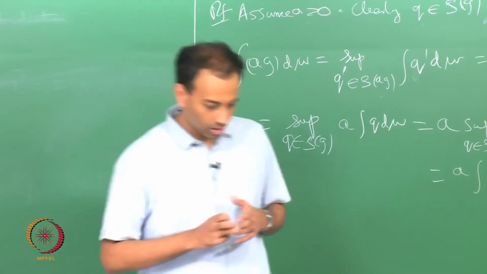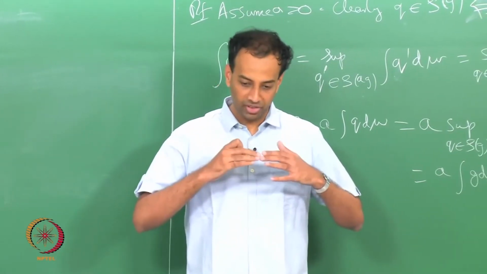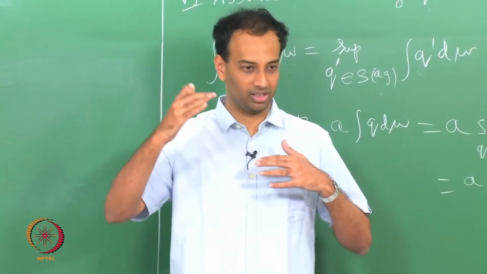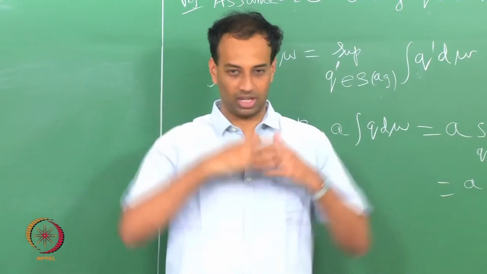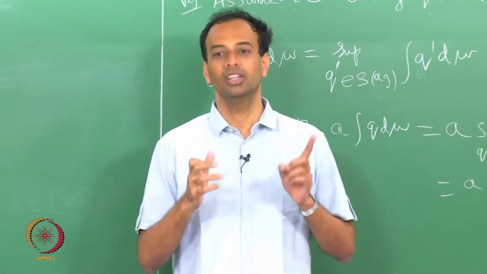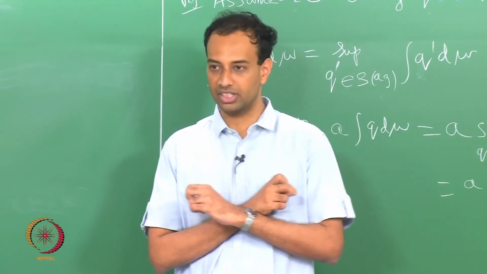In particular, the monotone convergence theorem says, if f n converges to f in a monotone way, suppose f n monotonically increases and converges to f, or f n monotonically decreases and converges to some f, then you can interchange limit and integration.